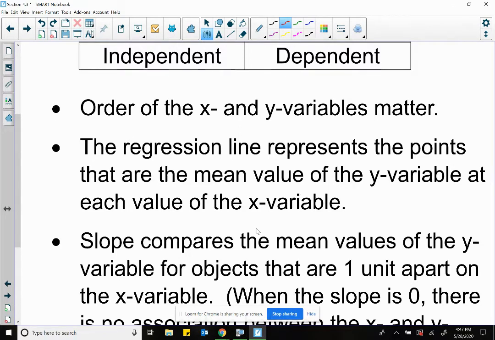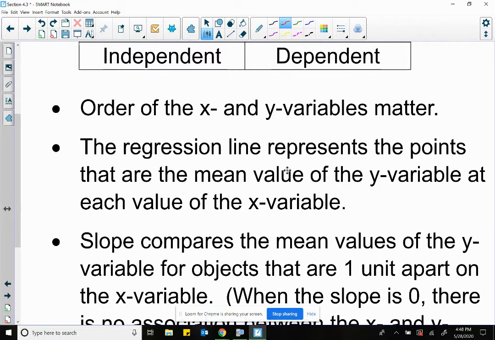Every point on that red line is the value of x, comma, the mean value of the y variable at that point. So it is the mean value of the y variable at that x value. I'll explain this in just a second when we get to it.